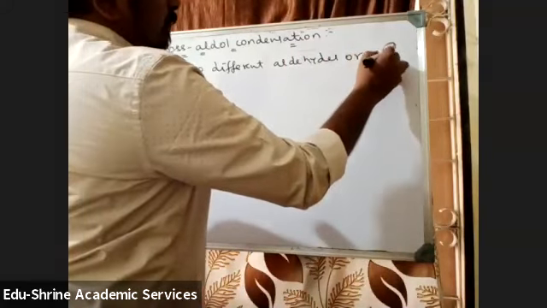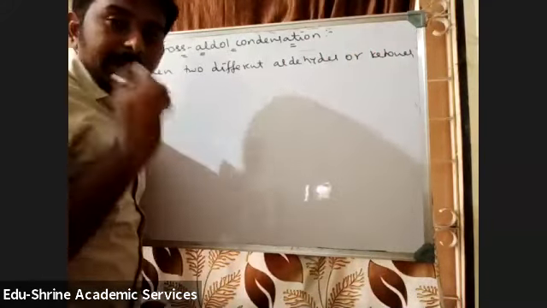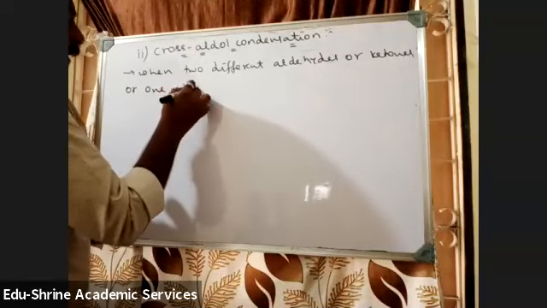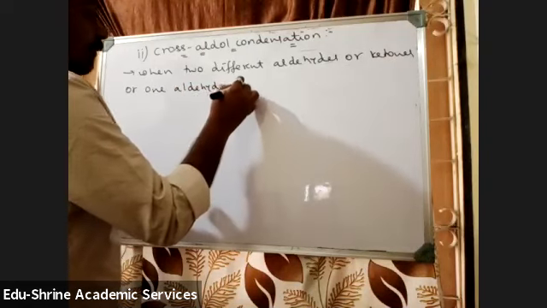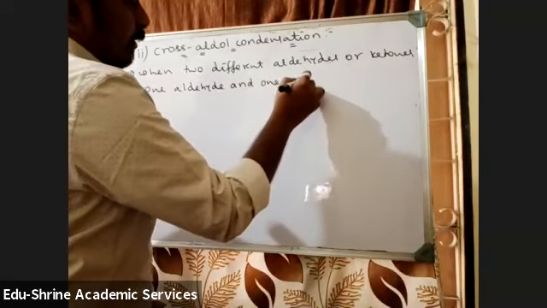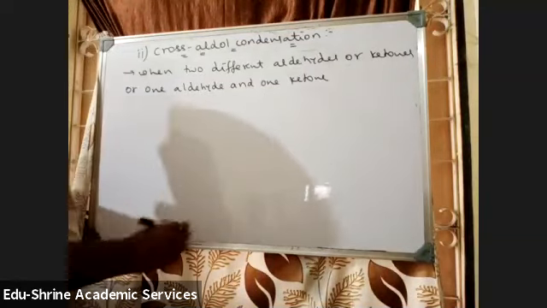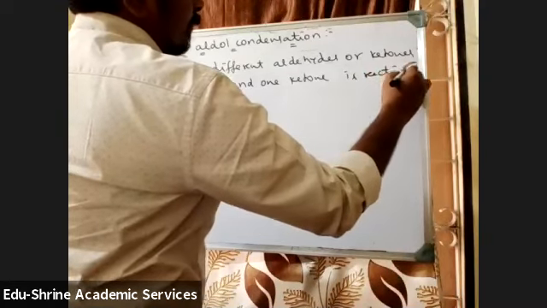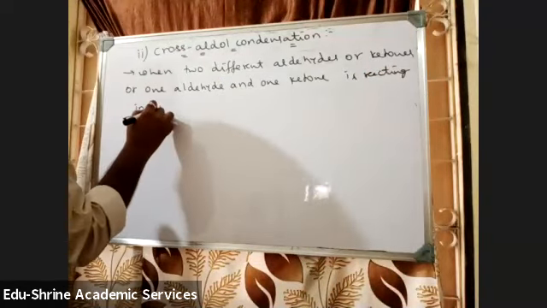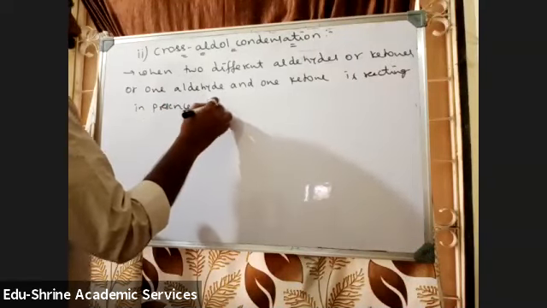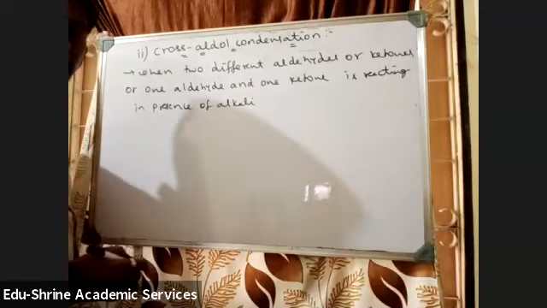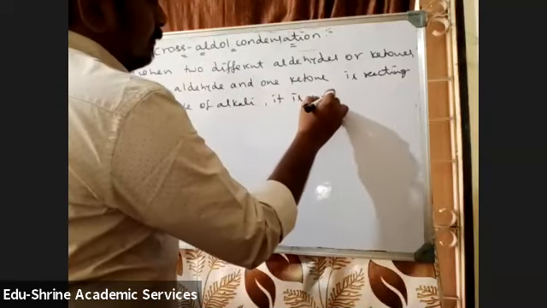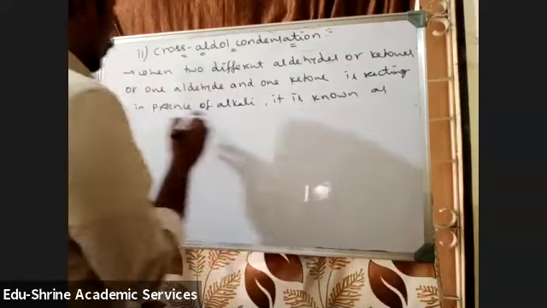When there are two different aldehydes or two different ketones, or one aldehyde and one ketone, reacting in the presence of alkali, it is known as cross-aldol condensation.